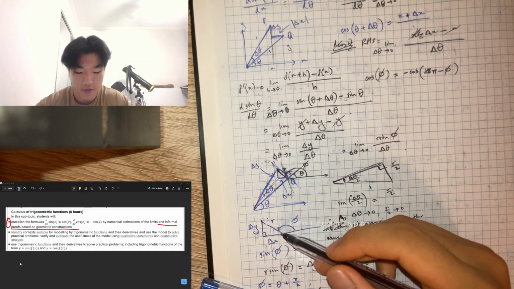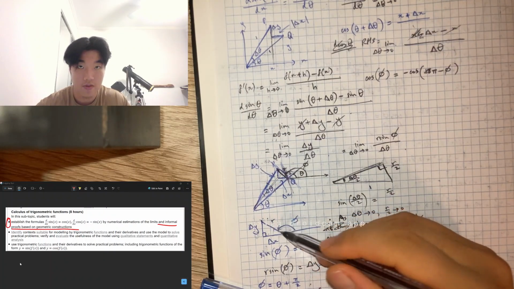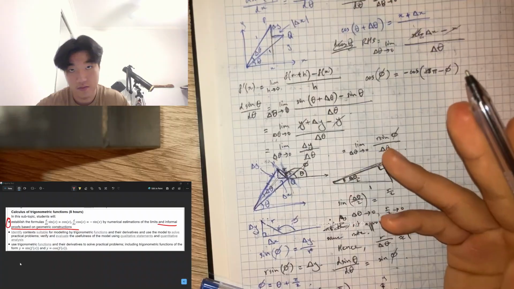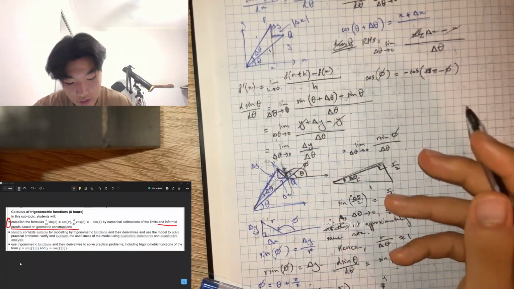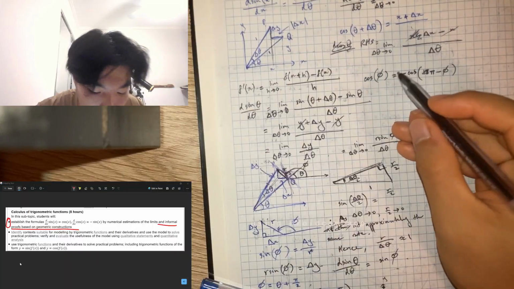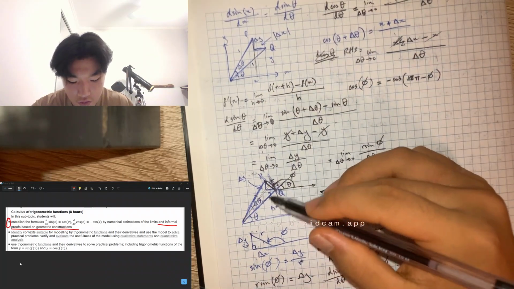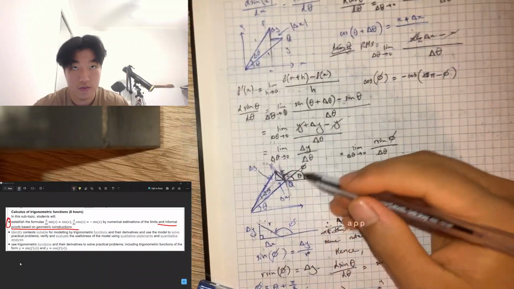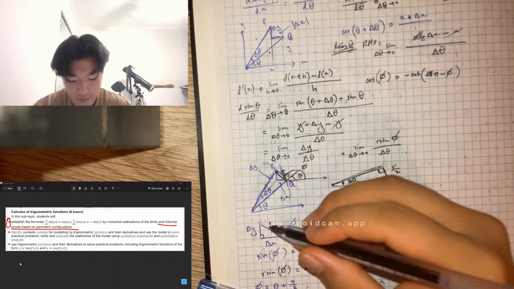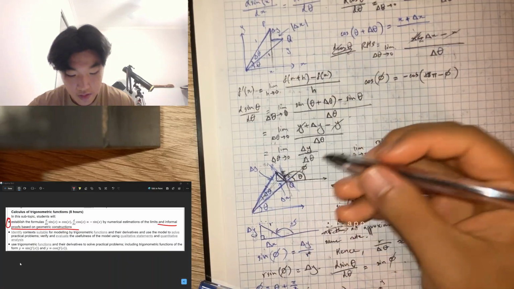If it's beyond pi over 2, in the second quadrant, it's going to be negative because x is negative in that quadrant. That's how you can think about it in terms of the unit circle. So we have to subtract from pi if we want to convert it to the acute angle. So pi minus phi is essentially this acute angle right here.